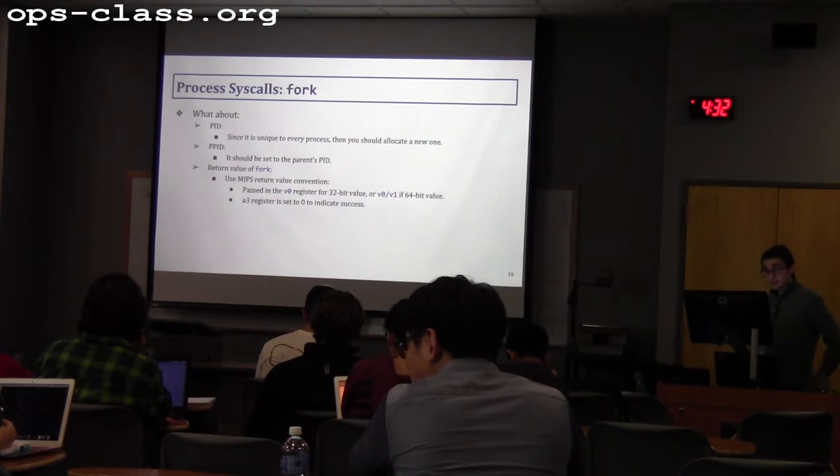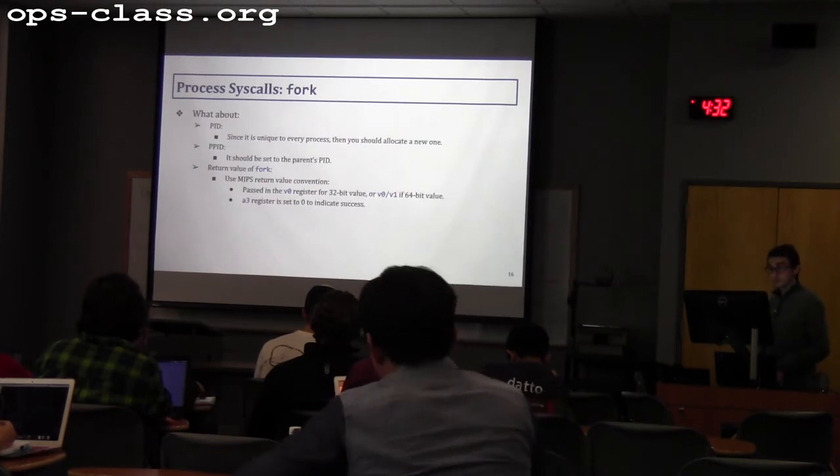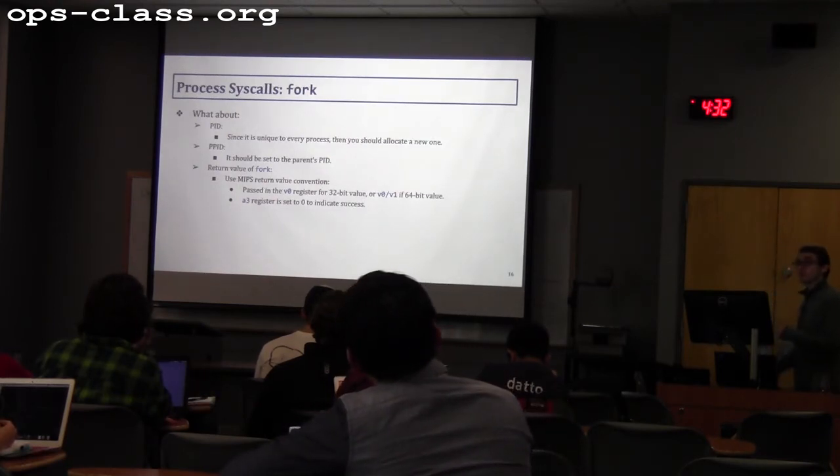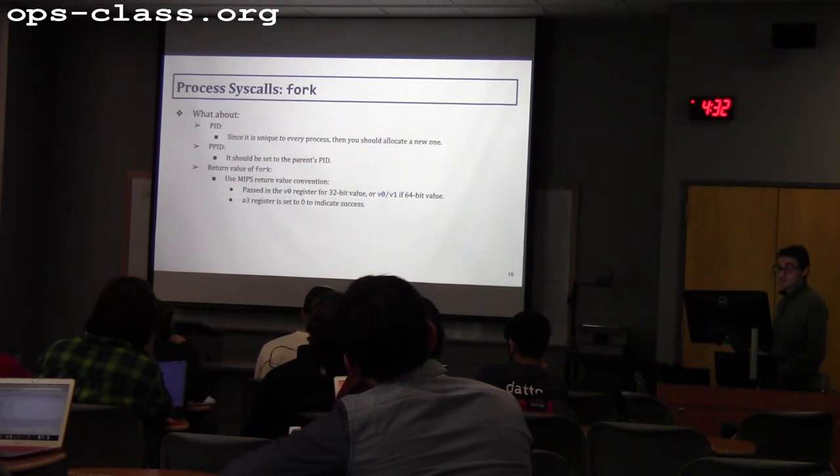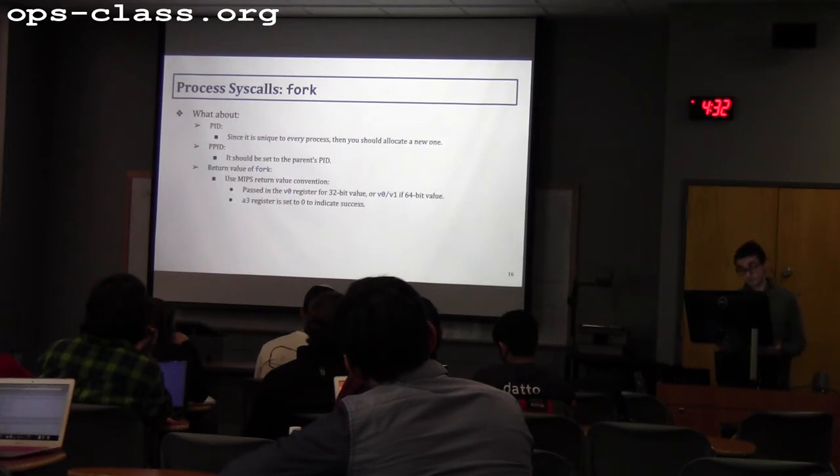The PPID then should be set to the parent's PID, and then you have the return value that you need to figure out how to handle for the new process, which is basically using the MIPS return value convention that we mentioned in the previous recitations. You need to pass the return value in V0 if the value is 32-bit, or V0, V1 if 64-bit, and the A3 register is set to 0 if the syscall succeeds.